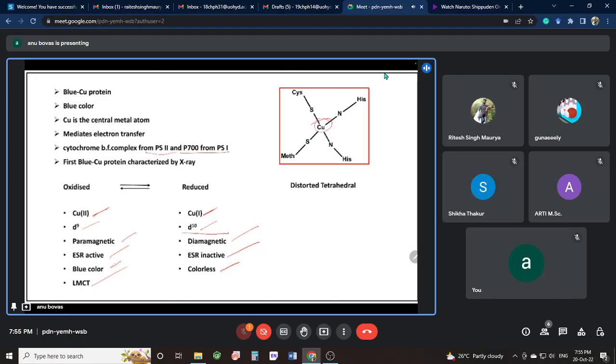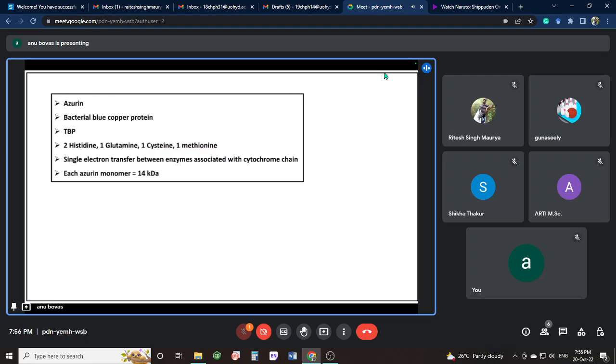Questions can be asked like that: which amino acids are attached in the blue copper protein plastocyanin? Two histidine, one cysteine, and one methionine. If you know the structure, it will be easy to remember the amino acids attached to the central metal atom in each protein. So the structure is distorted tetrahedral.